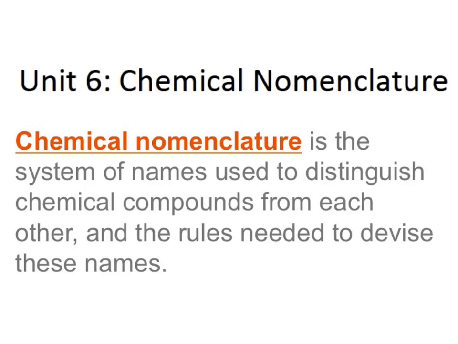So you're going to have to be able to look at a compound, identify what's going on in that compound, and then take the rules that we come up with today and practice naming. I'm going to guide you through the rules so that you don't come up with some willy-nilly rules and it's all wrong.